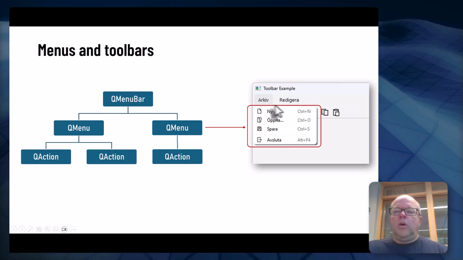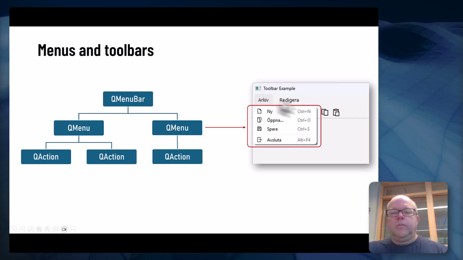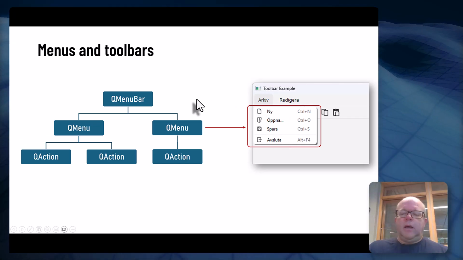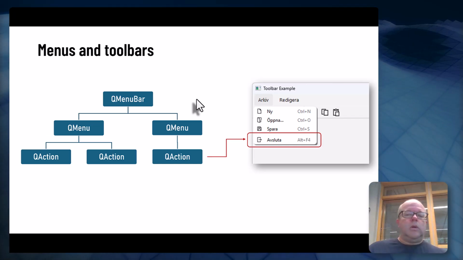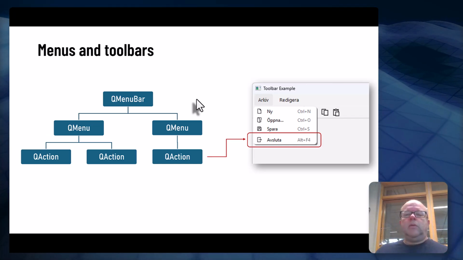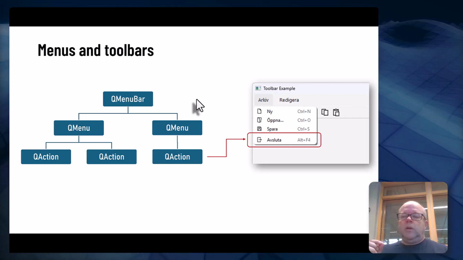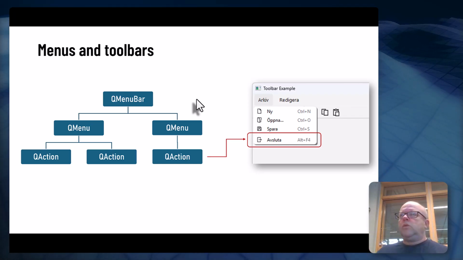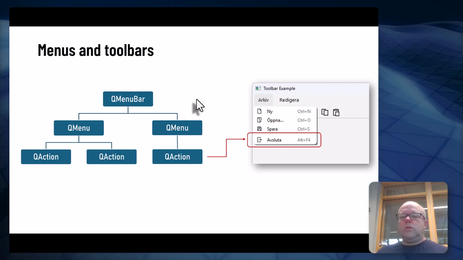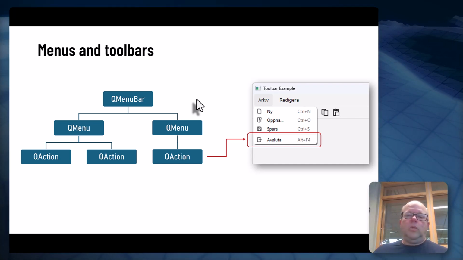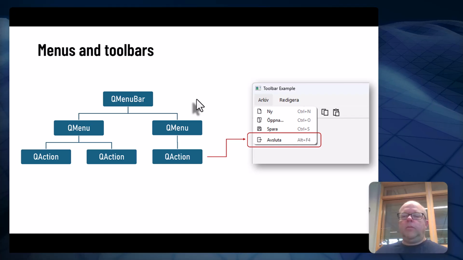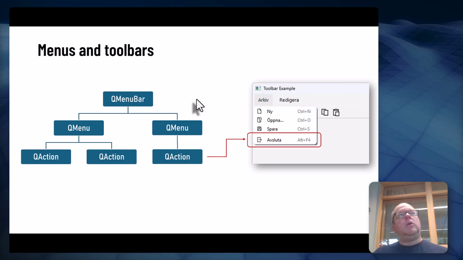The QMenu objects are each of these menus here. And then the items in the menu are something called actions. The reason we have something different from a menu item is that the toolbars and menus share the same actions. So instead of re-implementing a method for a toolbar button, you create actions that you share between the menu and the toolbars.